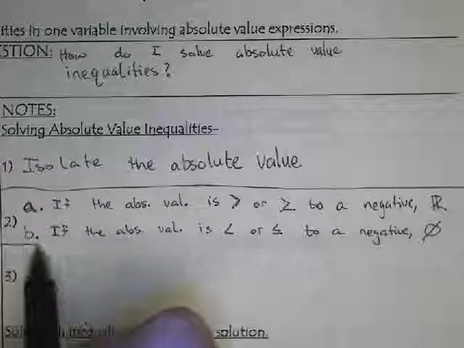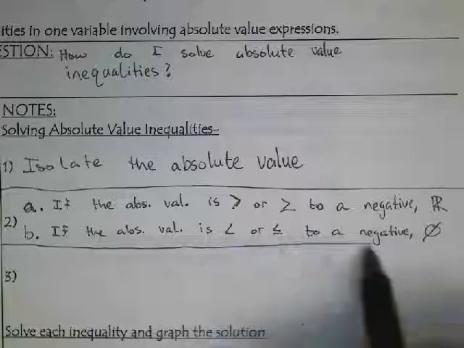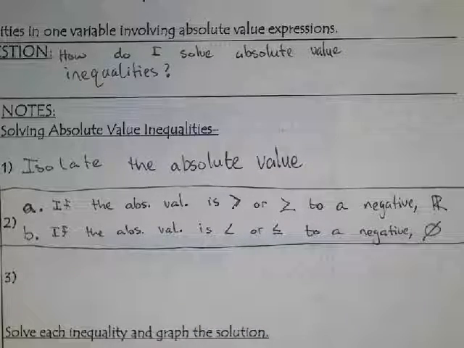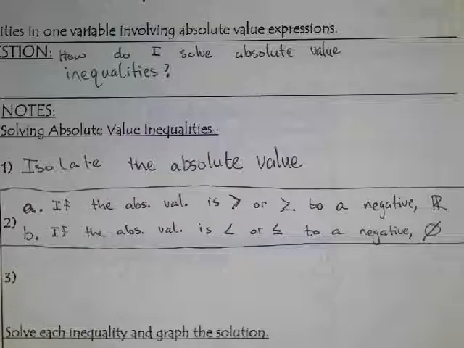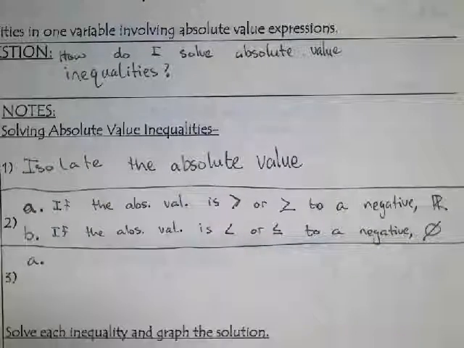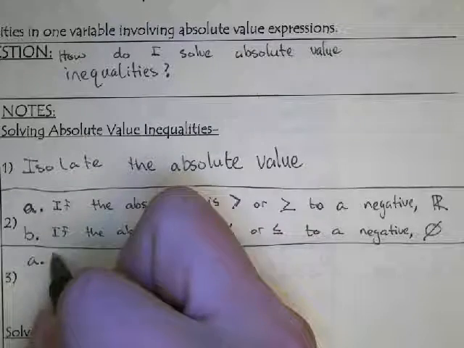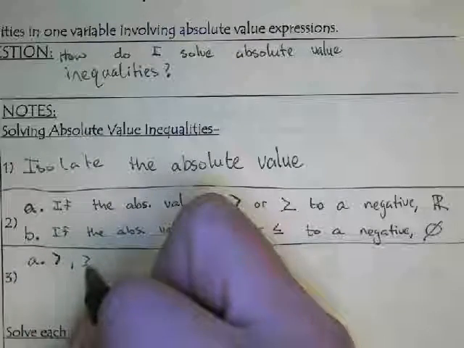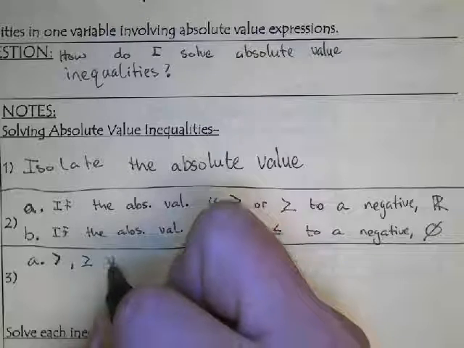Okay, so what if we isolate the absolute value and we end up with a positive? Well, we have two different situations. A, if we're greater than or equal to a positive.